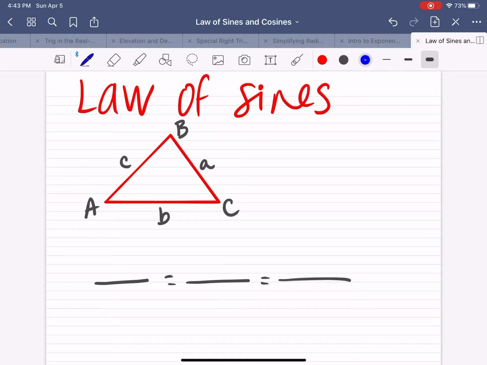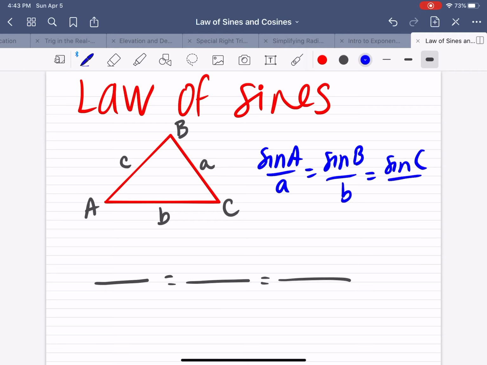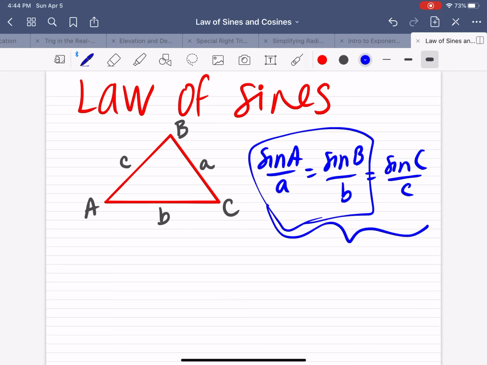So for the law of sines, I need you guys to remember this. We're going to set up a ratio using two of the following. It depends on what you're given. You might be given angle A, side A, and side B, and you're trying to find angle C. So of course you'll only use these two.